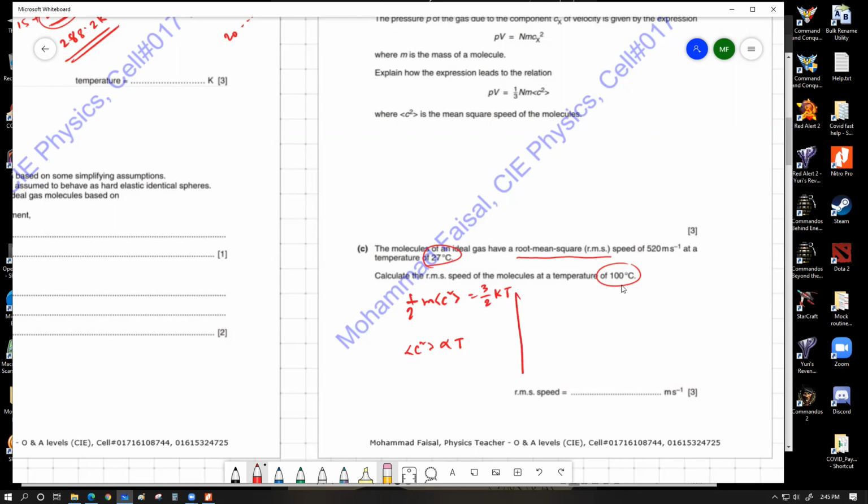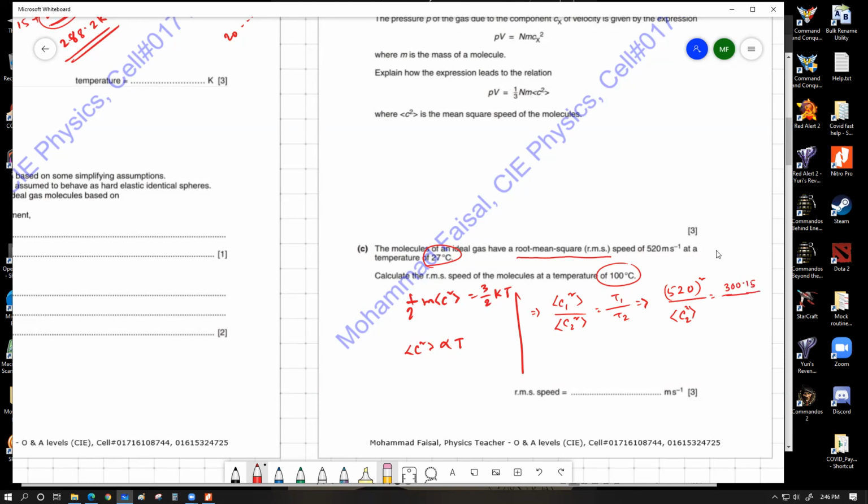So it's important that you include the square. The final equation should look like this: C1 squared divided by C2 squared equals T1 by T2, which translates into 520 squared divided by C2 squared equals, this is 27, so I'm going to write 300.15.